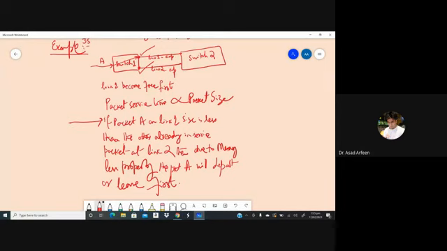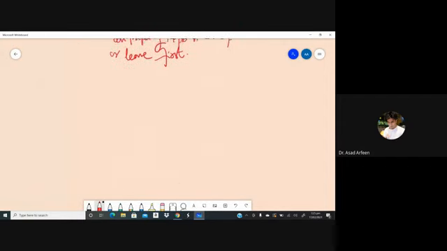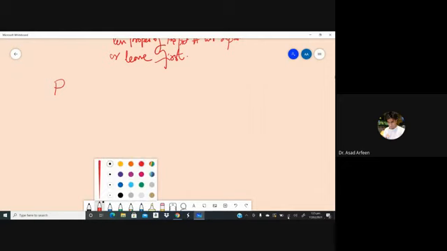So now, after the exponential distribution, we come to a very important distribution, called the Pareto distribution. It is something very important.